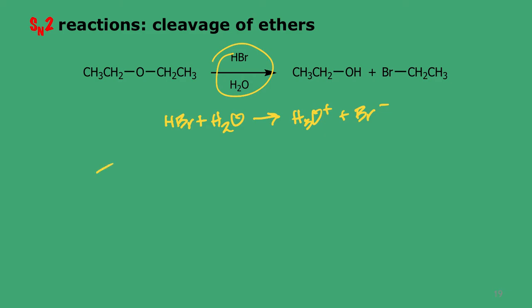All right, so what's happening in this reaction? And what's happening is we're going to protonate that oxygen in the same way that we did with the alcohol. So the oxygen's behaving as a base.